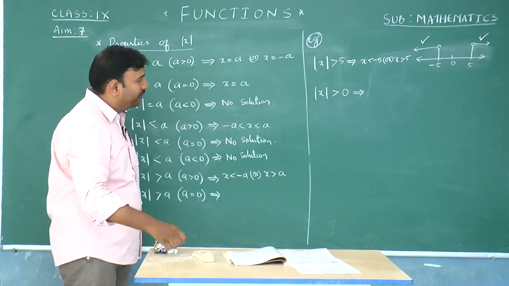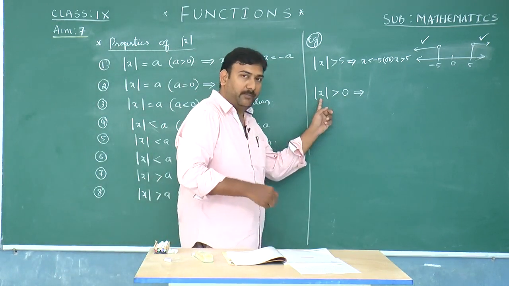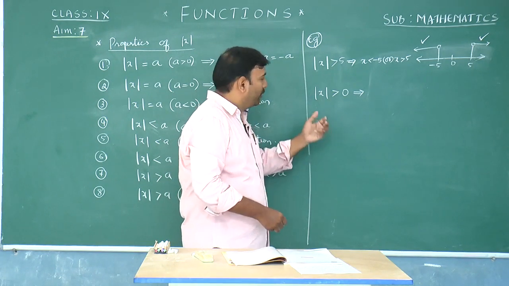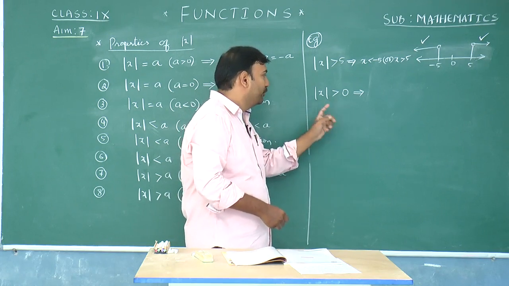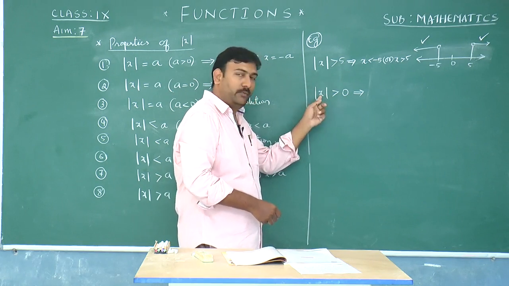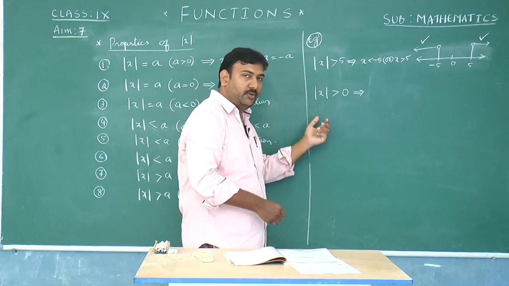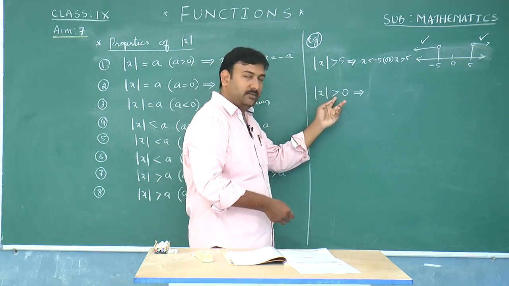Observe carefully, whatever the value of x I take, maybe a positive number or a negative number, they are going to satisfy the inequation, say from 0.1, minus 0.1, any number except 0. For example, if I put 0.1, mod of 0.1 is 0.1, which is greater than 0. Or if I take minus 0.1, mod of minus 0.1 is 0.1. So 0.1 is again greater than 0.